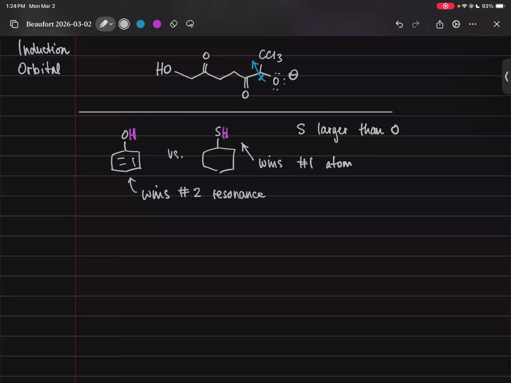It is still good to note, though, that that one wins resonance. And if you were comparing this one as well, then that one's going to come in last place, because it doesn't have the larger atom, doesn't win the atom rule, and it doesn't have resonance either.